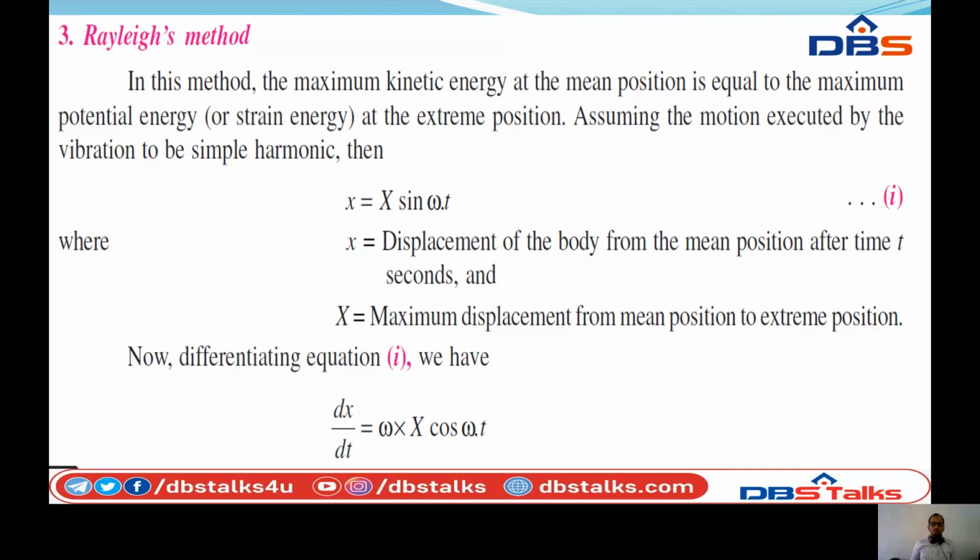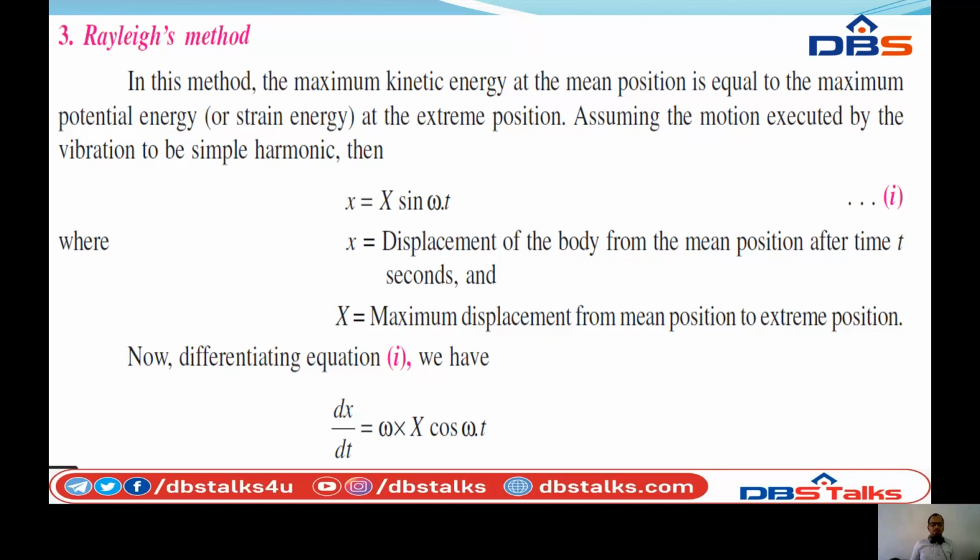In simple harmonic motion, the equation is x equals X sine omega t. Small x is the displacement of the body from the mean position after a time period t seconds, and capital X is the maximum displacement from the mean position to the extreme position.